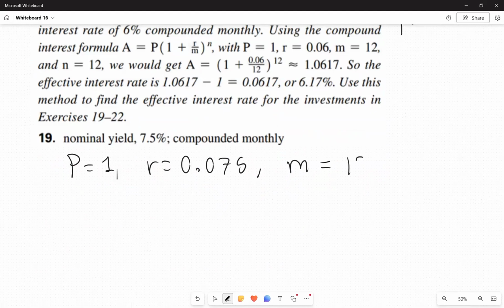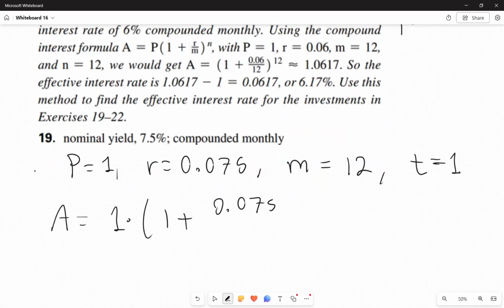And interest is compounded monthly. n t is 1. So the amount is going to be the principal times 1 plus the interest rate divided by 12, to the power of 12 times 1.